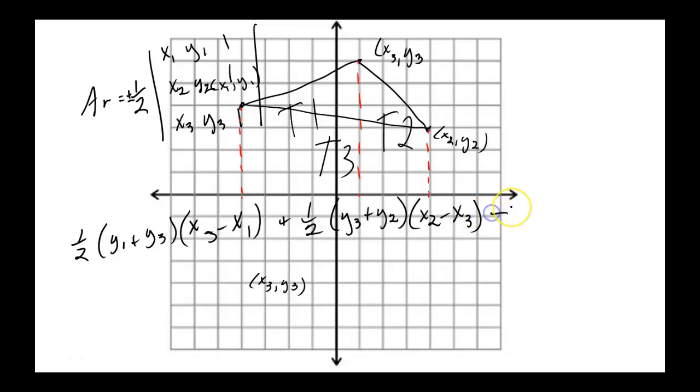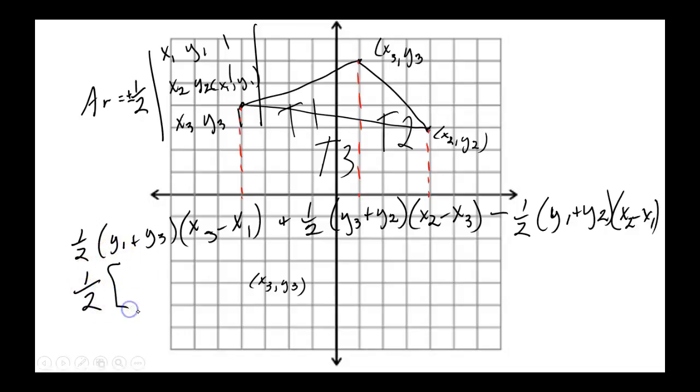Then minus trapezoid 3, which would be 1/2 y1 plus y2 times x2 minus x1. Okay. Obviously a 1/2 comes out front. Now let's do some of those foilings.